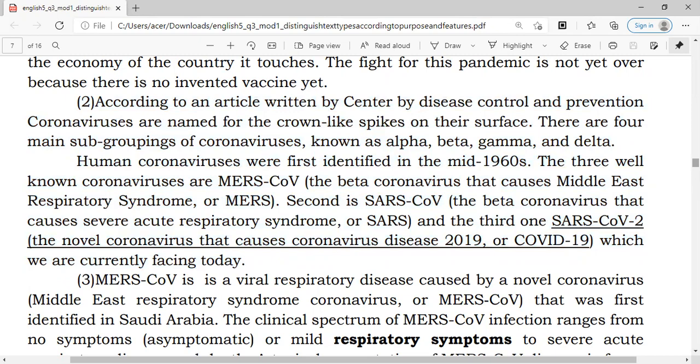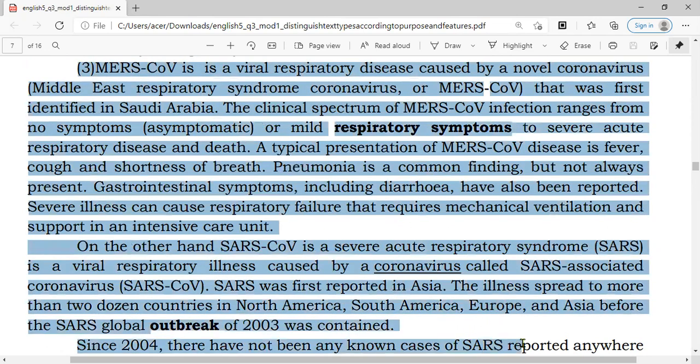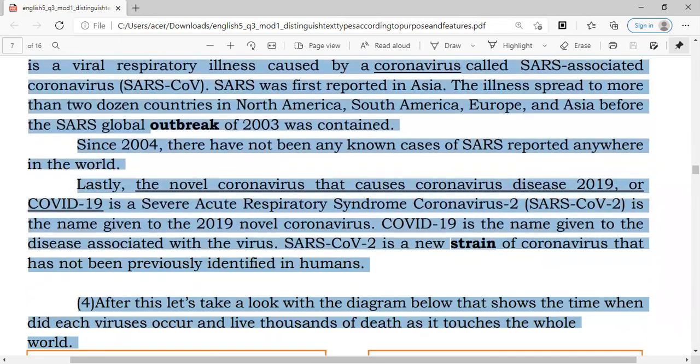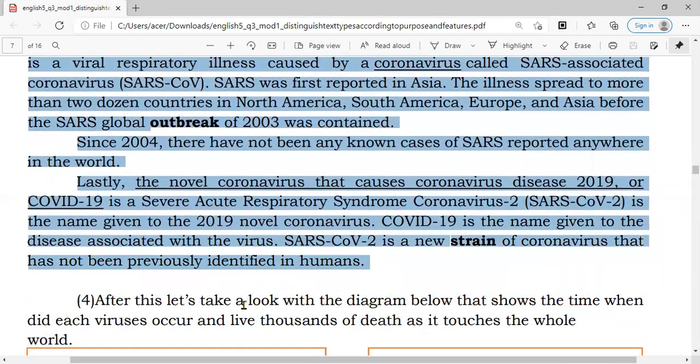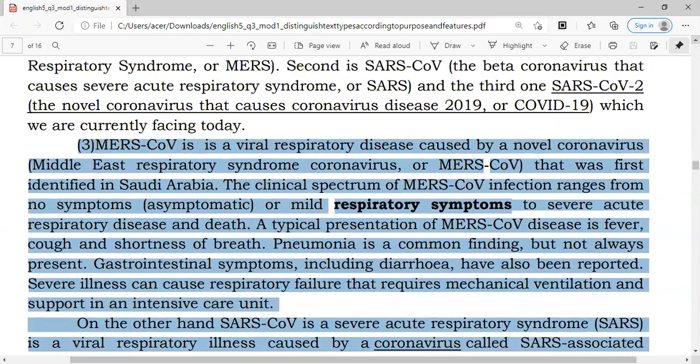Okay, and then let's have paragraph 3. So let me highlight it first. And that's our paragraph 3 up to this part. So let's see what text type our paragraph 3 is.